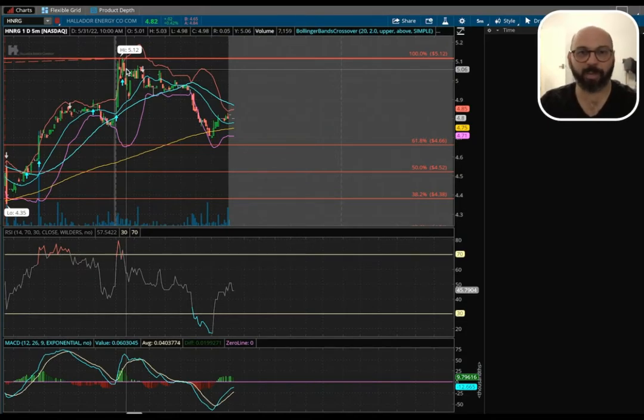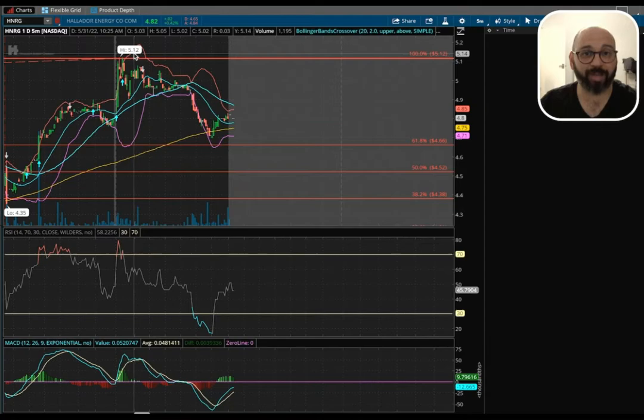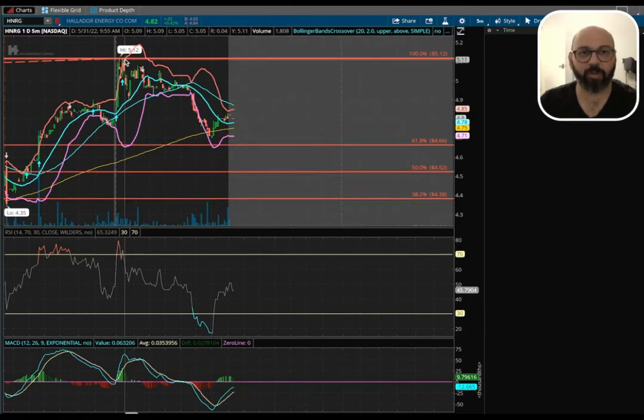The thing you have to remember when you're making a scalp trade is it doesn't matter if you buy the stock at $4.90, sell it at $5.10, and then it goes to $7. That wasn't your objective. Your objective in making this scalp trade was to get in and out and make a bit of money. Your objective was to not hold a stock all day, unless you're swing trading the stock.